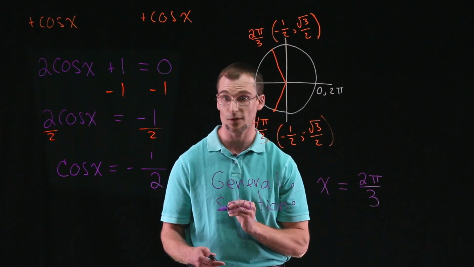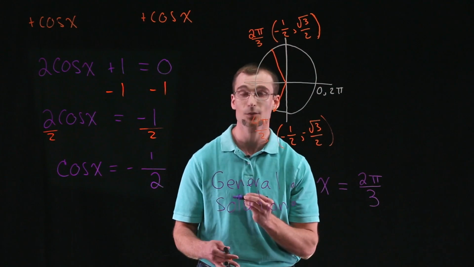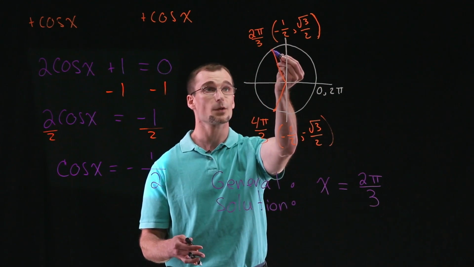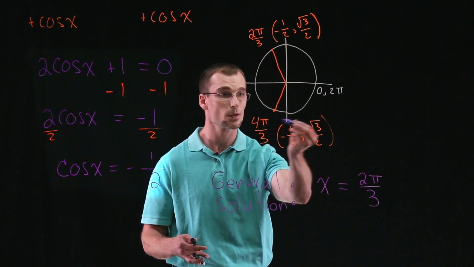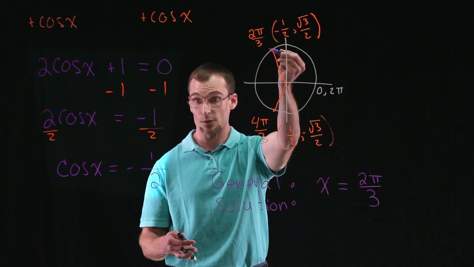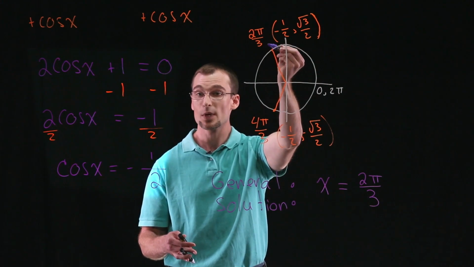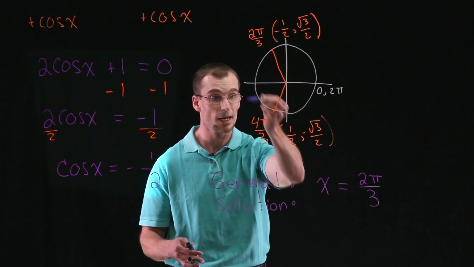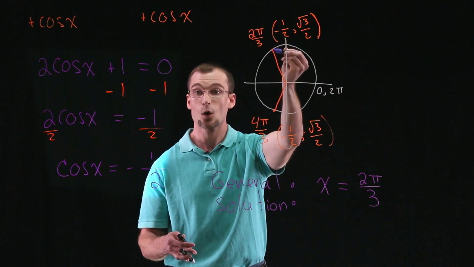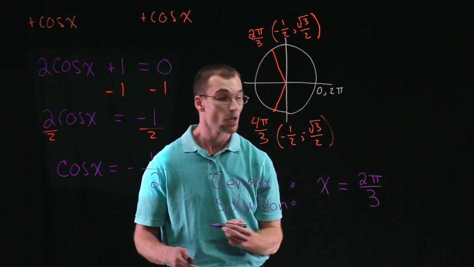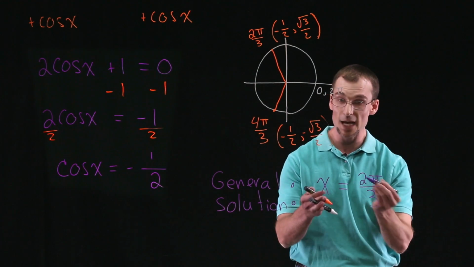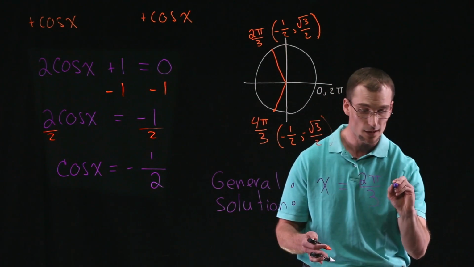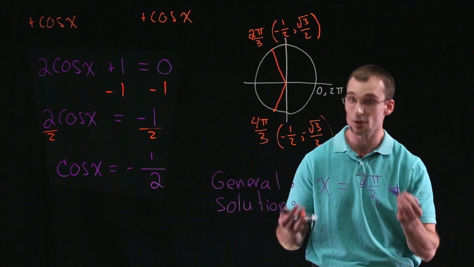But the general solution for that is noticing all possible angles. Meaning, if we look at 2 pi over 3 and notice that if we go around the unit circle, all the way around, a distance of 2 pi, we get another angle, namely 2 pi over 3 plus 2 pi. And I can repeat that process again, or going in reverse order. So the general solution is going to be x equal to the angle 2 pi over 3 plus all multiples of 2 pi.